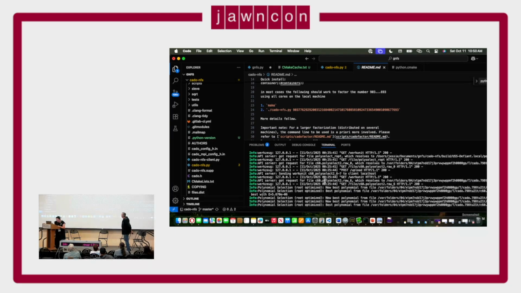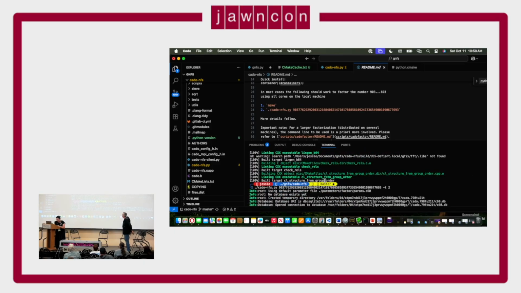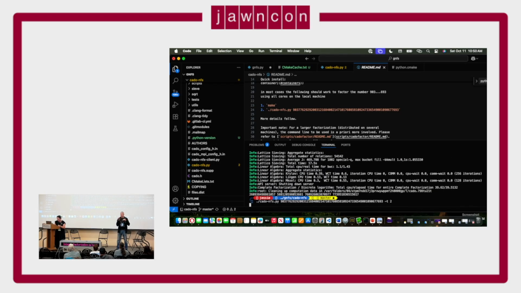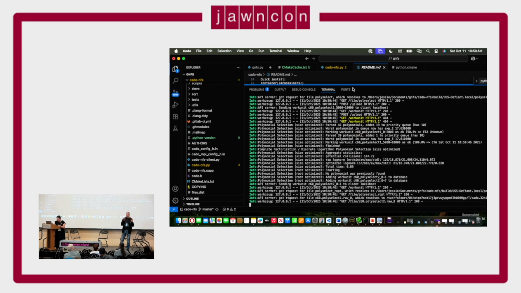Let's see. I was trying to see if it said how long it took. The other thing I'll add on the RSA numbers is there will only be one answer, right? The original RSA number was created by choosing 2 primes.